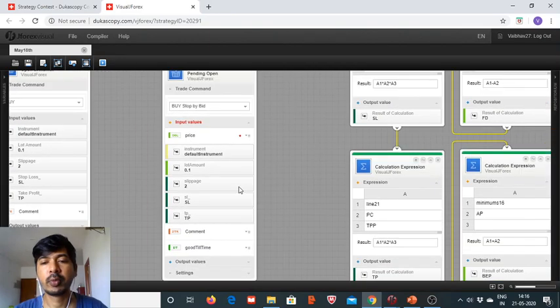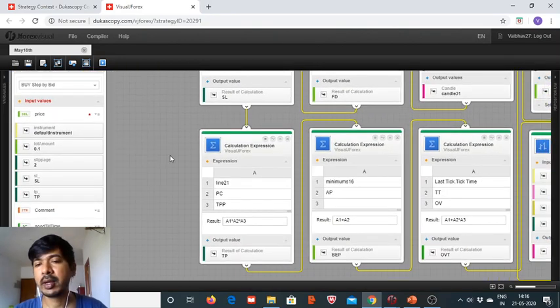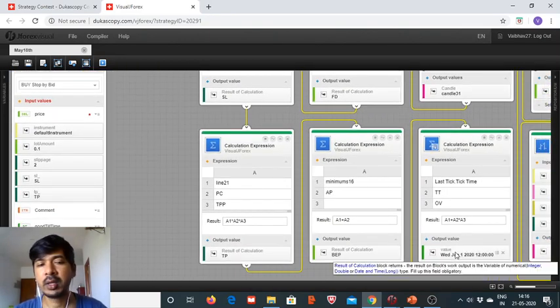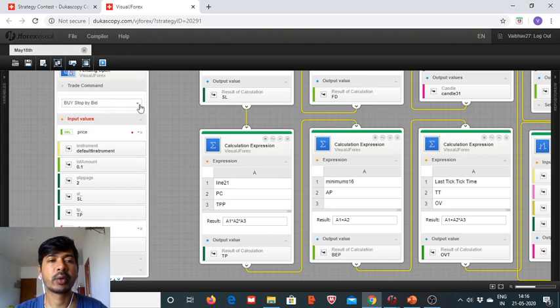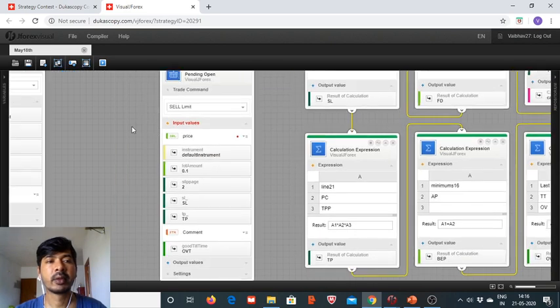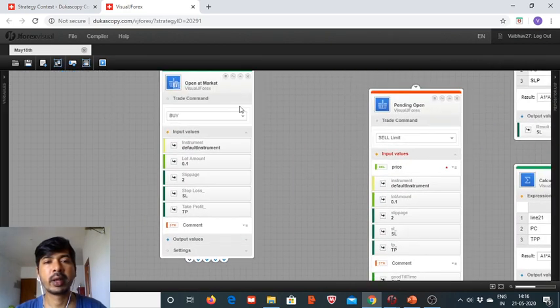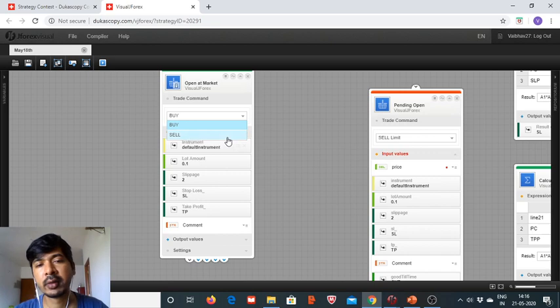Now we need to put in the good order validity time, which is OVT, and the sell execution price. We are looking for a sell trade, so make it sell limit. Here also we are actually looking for a sell trade.